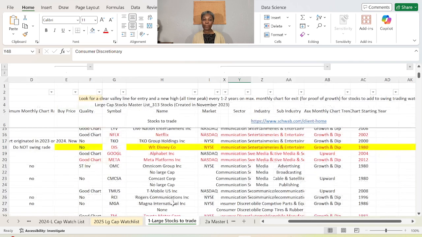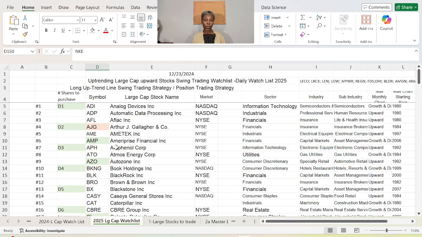I flag those stocks that I'm going to trade, and then I analyze the list again to see which ones I'm going to add to it. And that's how I created the 2025 list of 79 or 80 stocks. It's a learning process for me, and I keep tweaking, keep finding what will work with my personality, my obligations, and my time, so that I can be consistent with that routine.